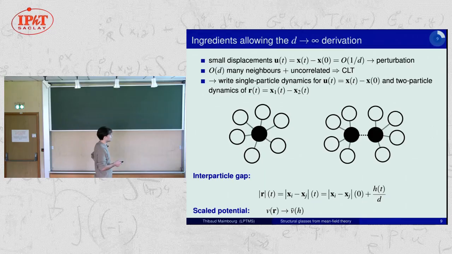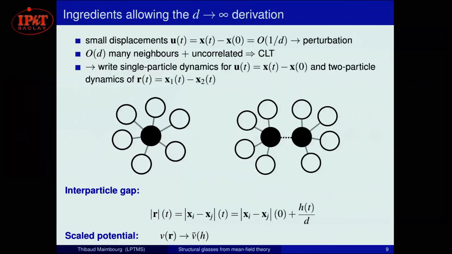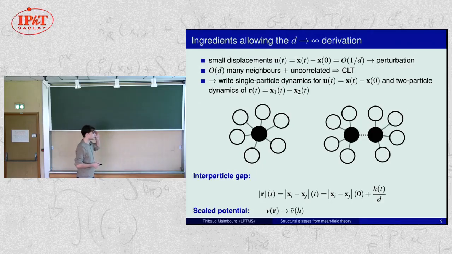All right, so let me mention the ingredients. Why can we solve this problem? There are many ways to derive the equations, path integrals, the cavity method, but there are two main ingredients. One is that since you are in the large dimensional limit, you have many directions to explore.